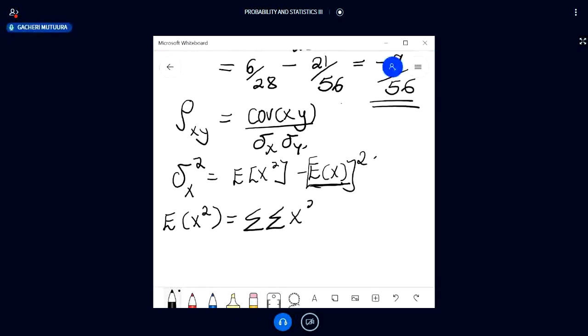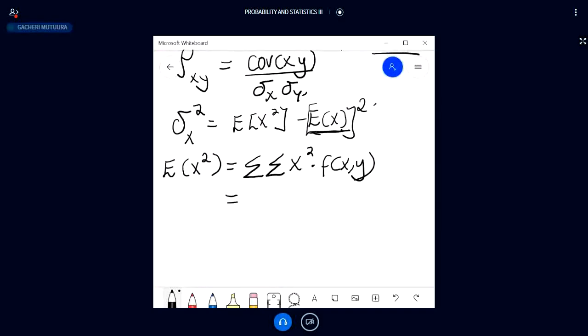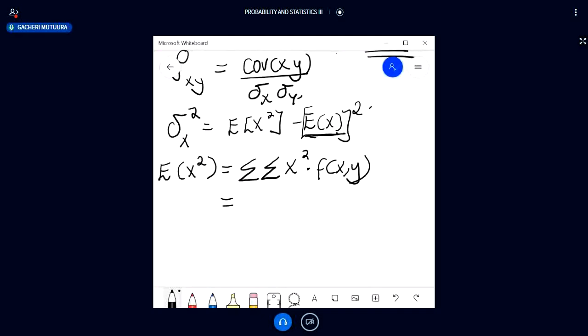So this simply means we are dealing with the sum. Let me just deal with it step by step, because I haven't checked whether I'll get the same result, but you should get the same result.